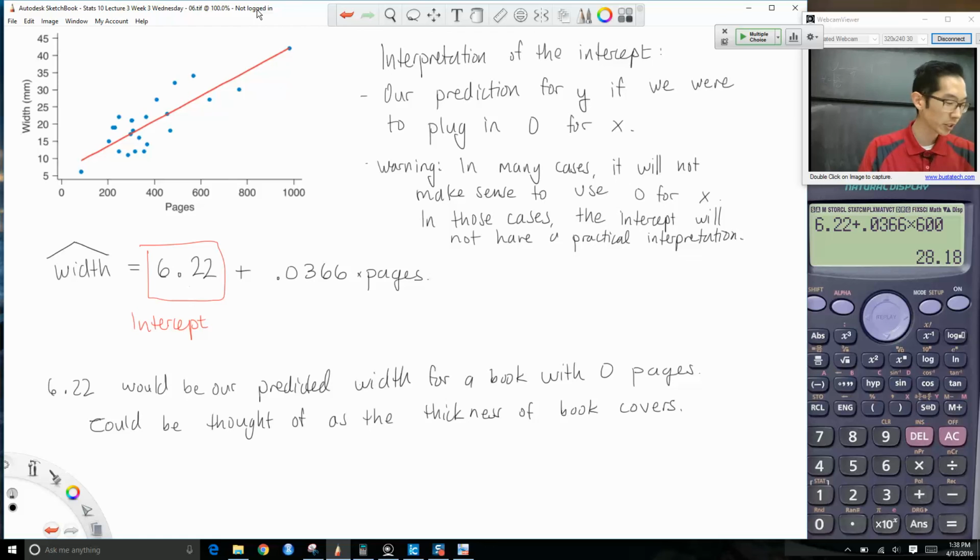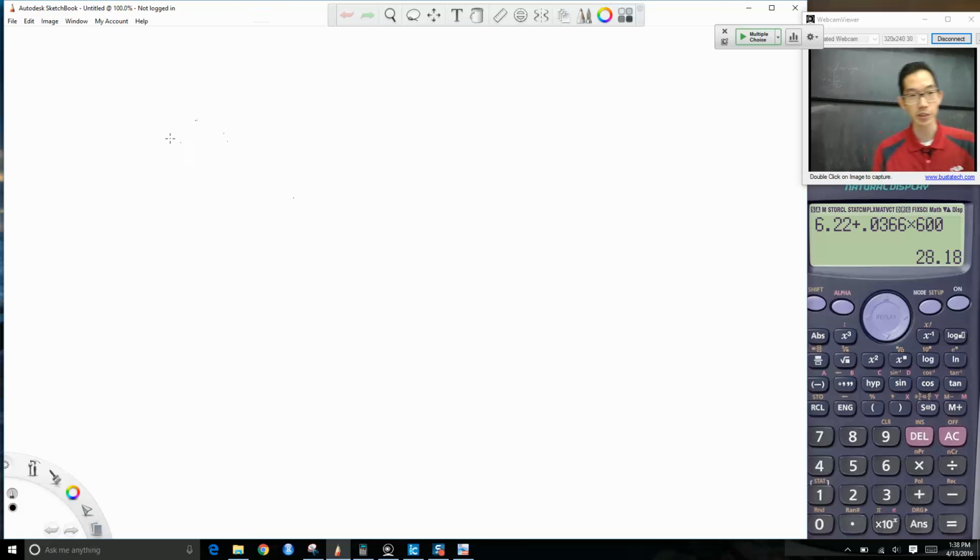With all of this regression stuff, it's important to keep in mind what our x and our y variables are. So which is x and which is y? The x variable is the variable used to make a prediction.